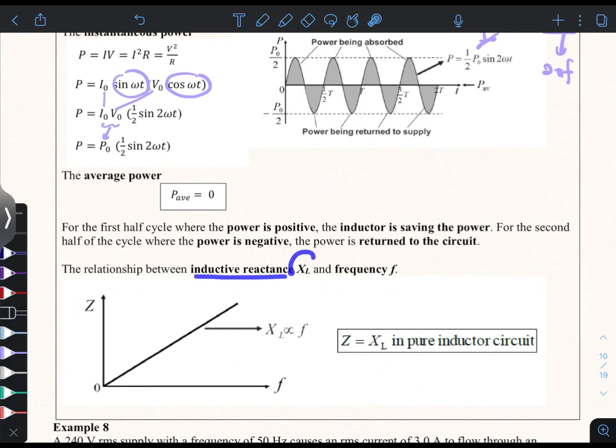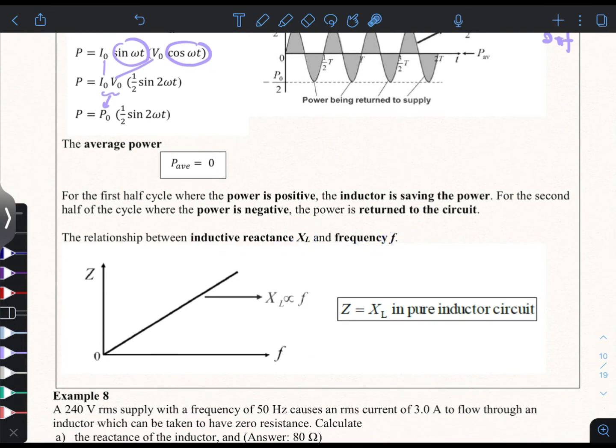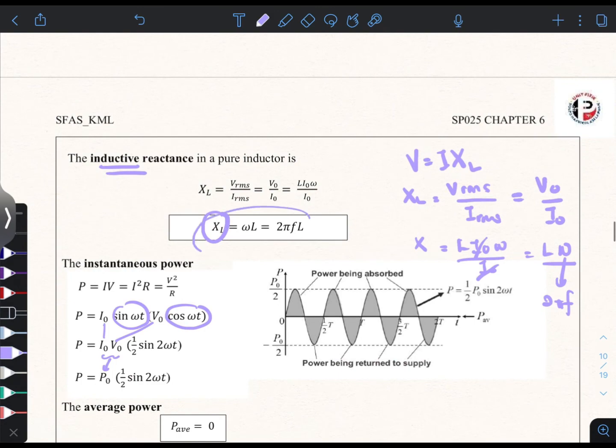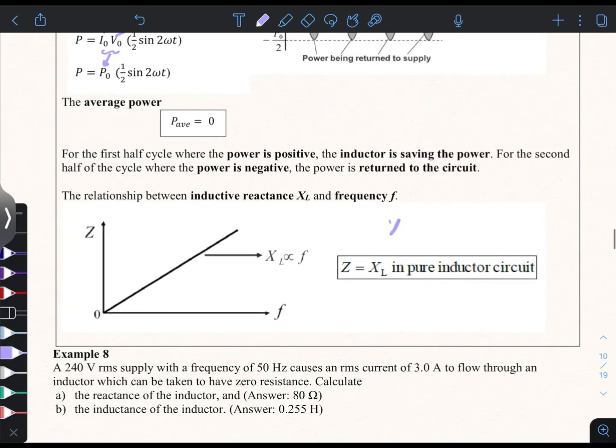So the inductive reactance XL and frequency dependence dekat sini, relationship between them, kita akan guna according to this equation here. Di mana kita tengok XL is equals to 2 pi F darab dengan L. So XL here is directly proportional to the frequency.